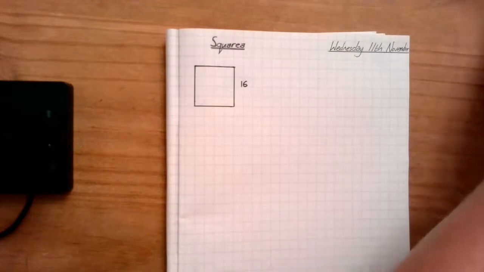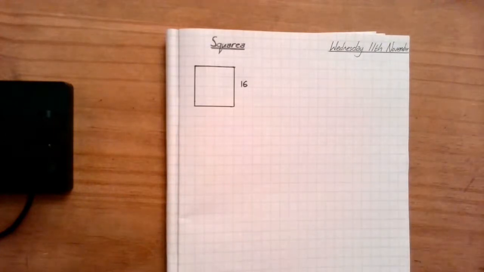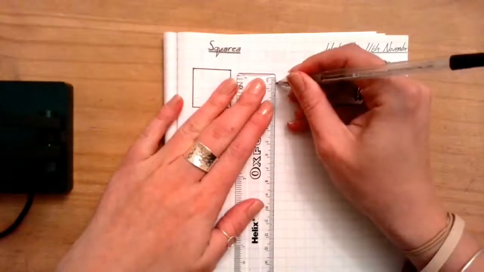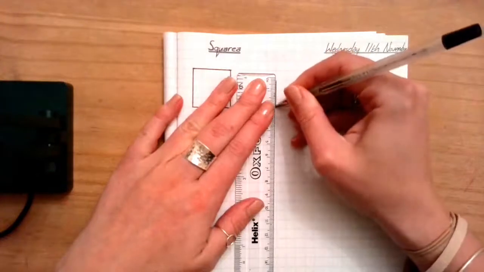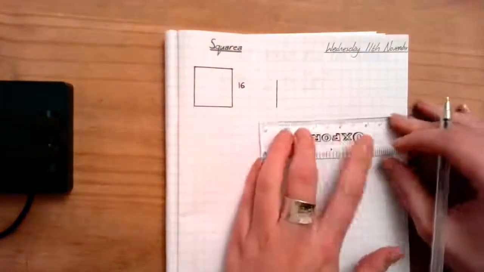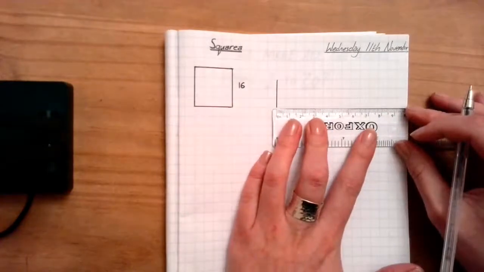Okay, once you've done that, I'm going to ask you to draw another square, and it can be any square you like, but the area has to be less than 20. So for example, I could do one here that comes down 3, and remembering it's a square, we need to have 4 right angles and equal sides, just like we've been working on with our quadrilaterals.